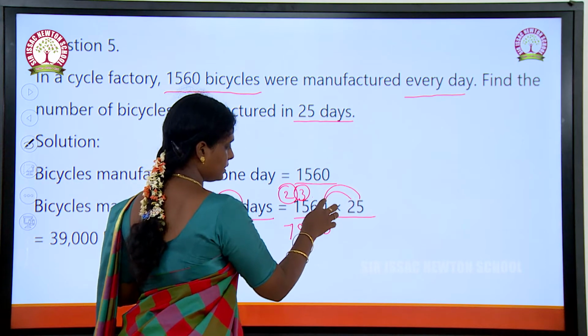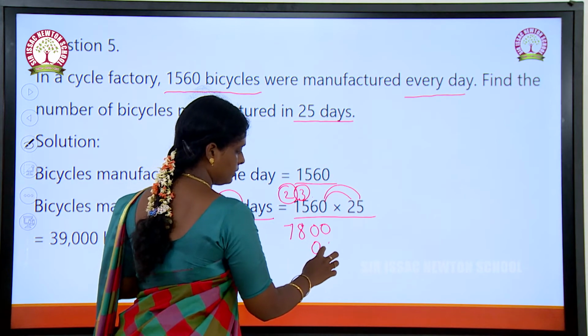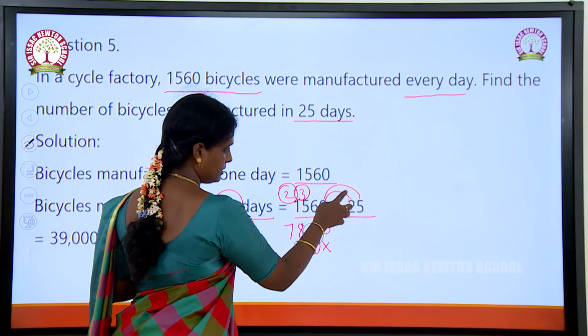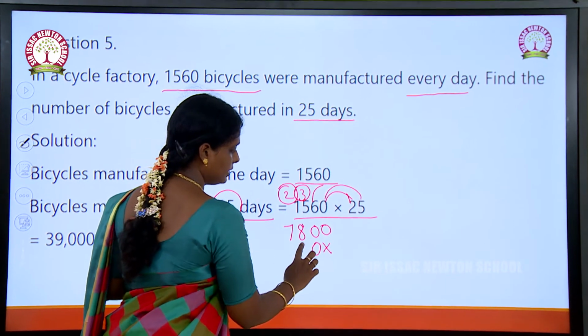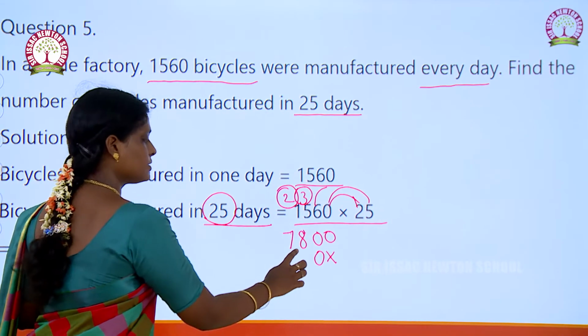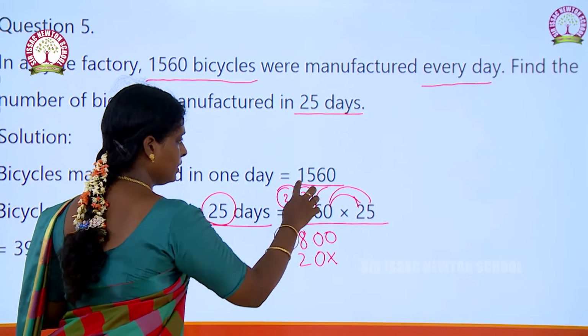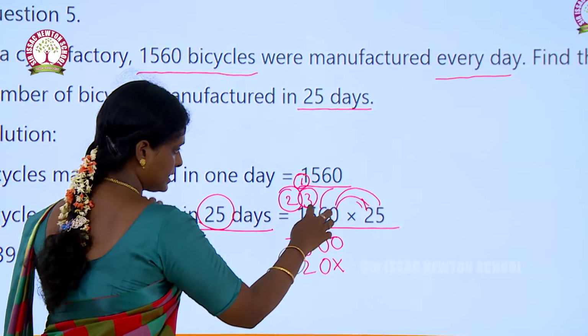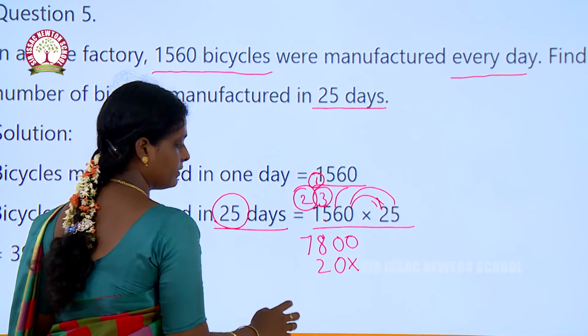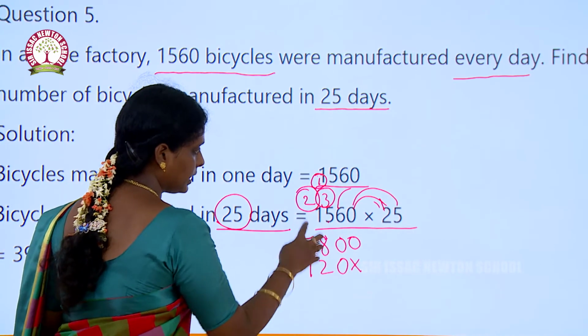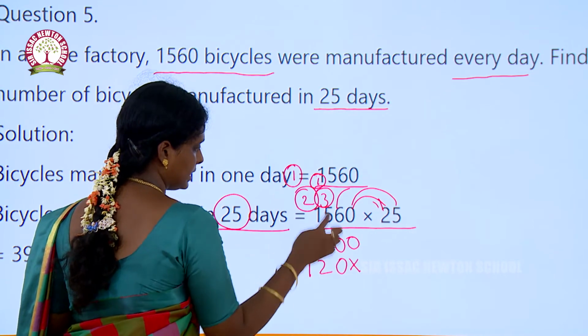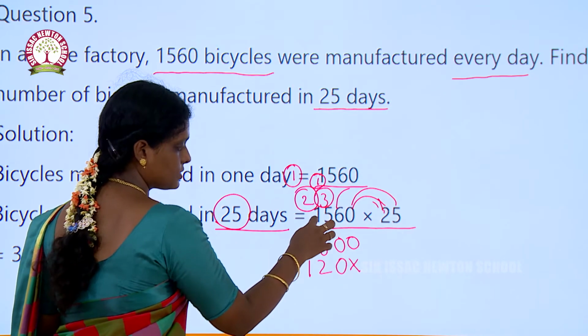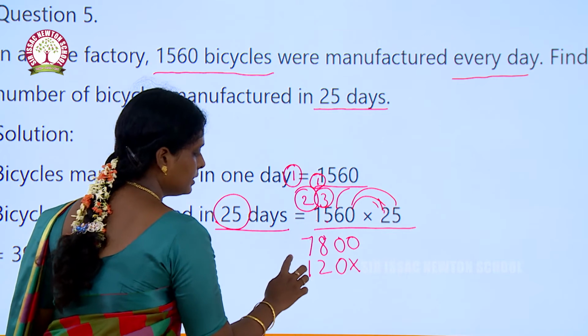So, 2 into 0, 0, okay, and then 2 into 6 is 12, 2 6s are 12. So, I am keeping 2 and keeping 1 as a reminder. So, again 2 5s are 10, 10 plus 1 is 11. So, I am putting 1 here and I am keeping 1 as a reminder. At last 2 1s is 2, 2 plus 1 is 3.